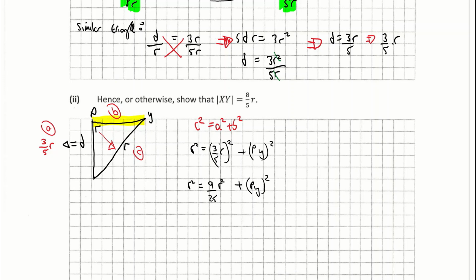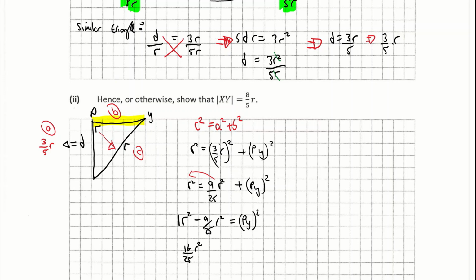I'm going to move the r's to one side, so I'm moving this over, or minusing it from both sides. That gives me r squared minus 9 over 25 r squared is equal to PY all squared. If I now subtract 9 over 25 r squared from 1 r squared, I'll get 16 over 25 r squared.